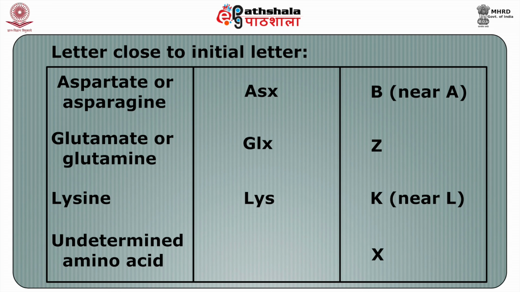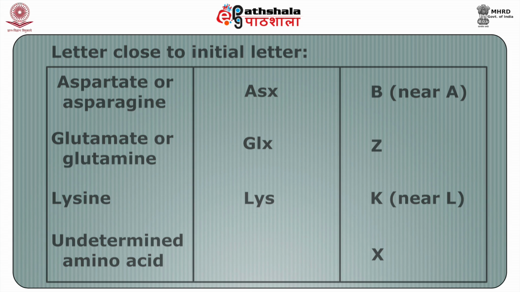Letter close to initial letter: for the remaining amino acids, a 1-letter symbol is used that is as close in the alphabet as possible to the initial of that amino acid. Further, B is assigned to Asx, signifying either aspartic acid or asparagine. Z is assigned to Glx, signifying either glutamic acid or glutamine, and X is assigned to an unidentified amino acid.